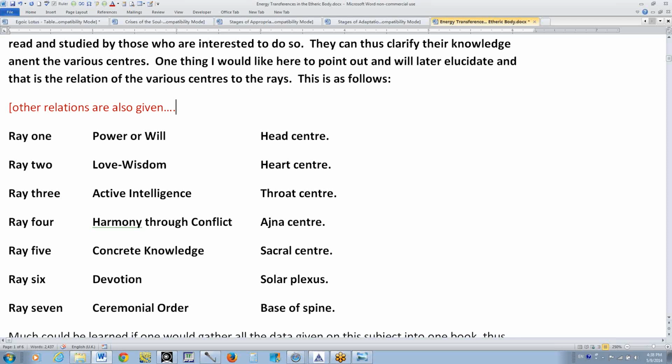Ray 5, concrete knowledge, is the sacral center, although, the concrete knowledge is interesting because the mental elemental is said to have its place here in the sacral center, but also it is the place where the form is created, and Ray 7 is associated with the sacral center.